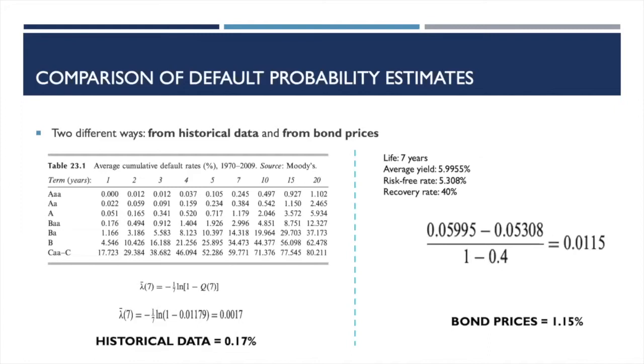Finally, replacing in the equation, this gives us 0.0115, or in other words, 1.15%. This means the average 7-year hazard rate is 1.15%, calculated from bond prices. As can be seen, there is a significant difference between the two methods, where the bond prices probability is much higher than the historical data.